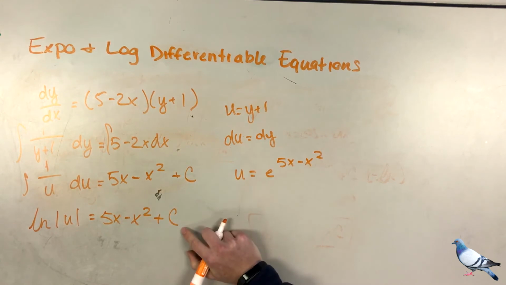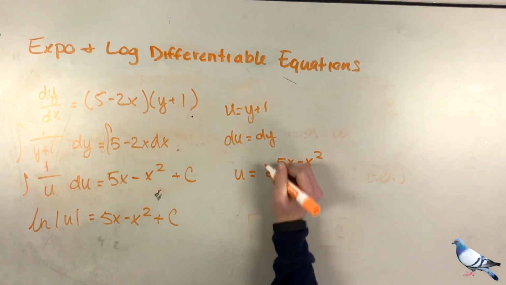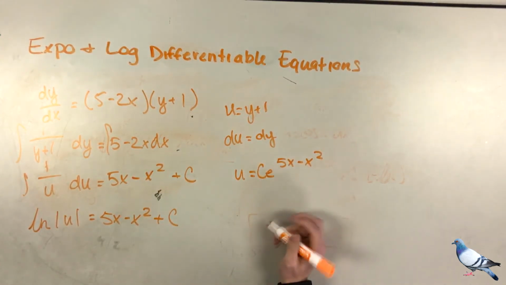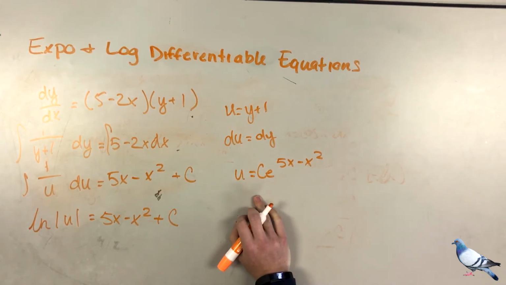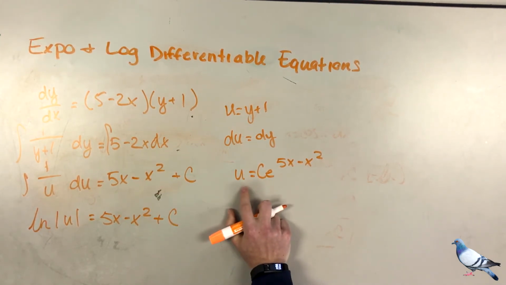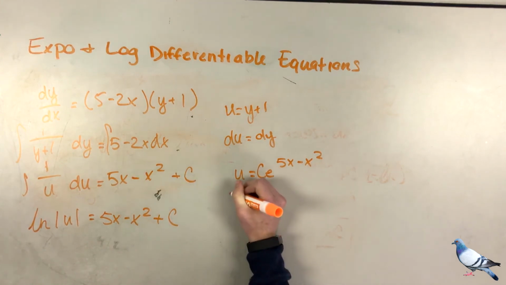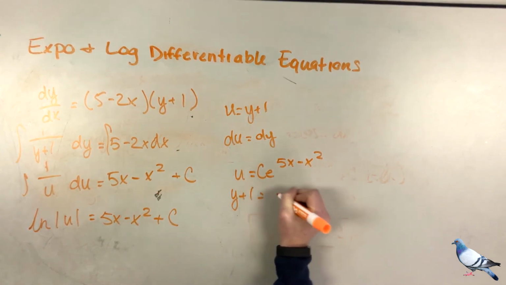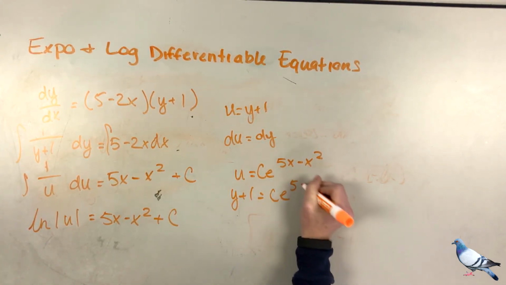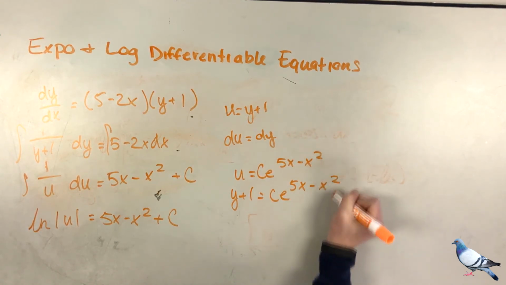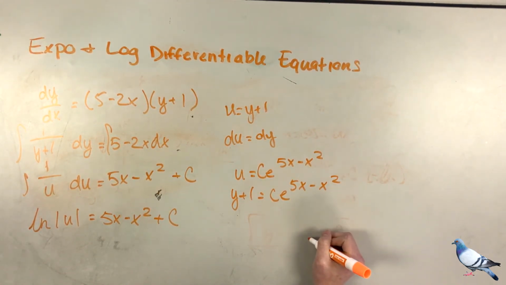And the funny thing with these problems is the c, once you raise it to a power, becomes the coefficient. Now we can just plug in what we have for u. So we should have y plus 1 is equal to c times e raised to the power 5x minus x squared.